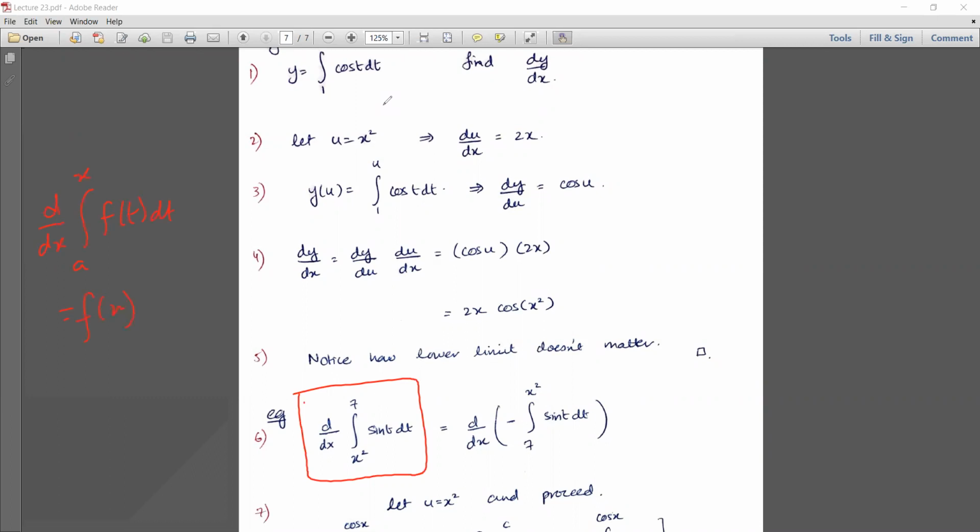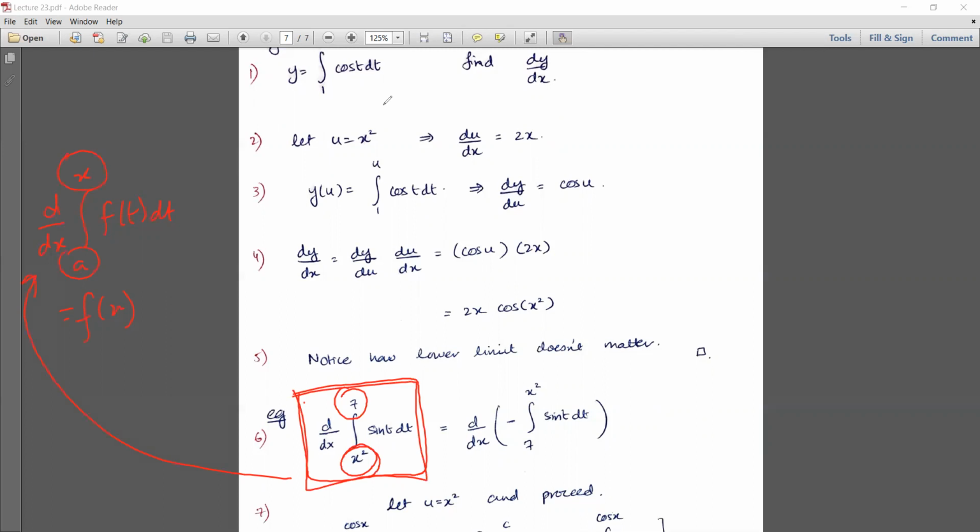So in order to apply the fundamental theorem here, we have to rewrite this in the form that we see in the fundamental theorem. So what's the problem here? The problem here is that your lower limit is a function of x and your upper limit is a constant. The fundamental theorem requires your lower limit to be a constant, and then the upper limit should be x, or if it is a function of x, then we have to further apply the chain rule.